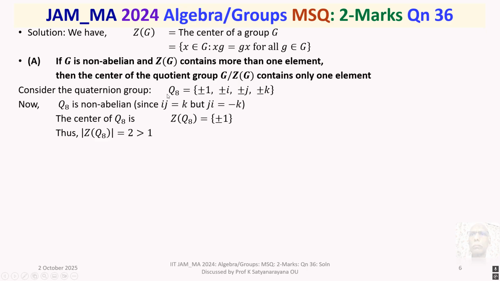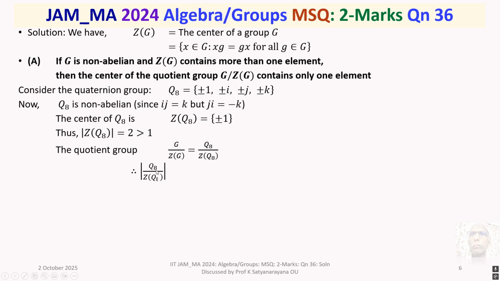G is non-abelian and Z(G) contains more than one element. Then consider the quotient group G by Z(G), that is Q8 by the center of Q8. The option says the center of it contains only one element, but let us see how many elements it has.